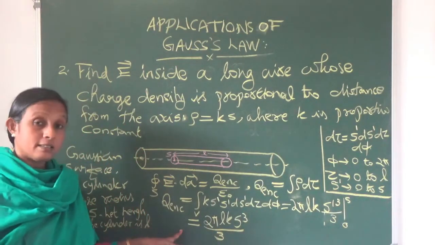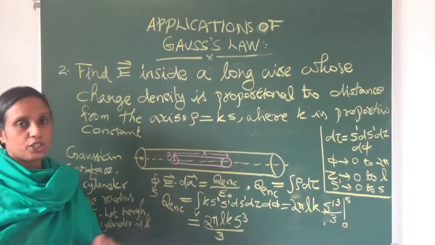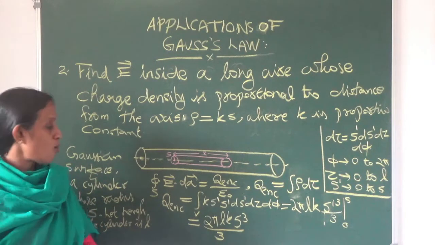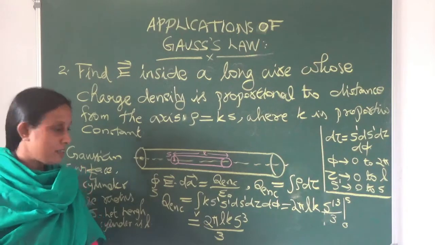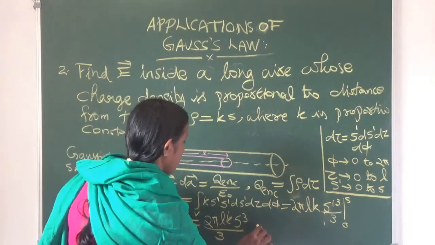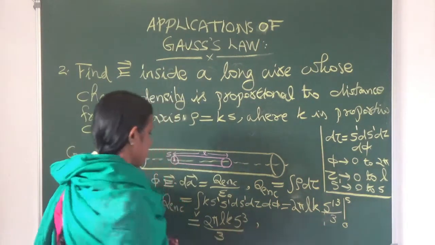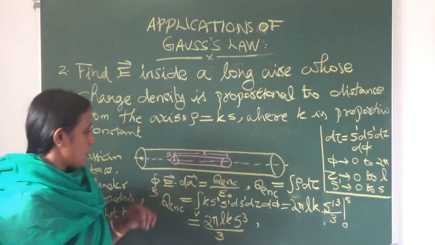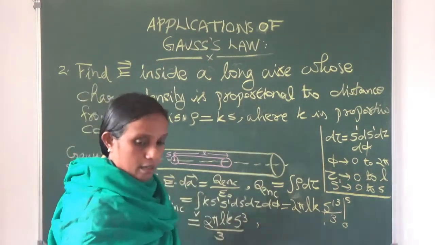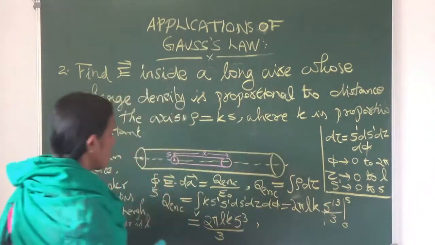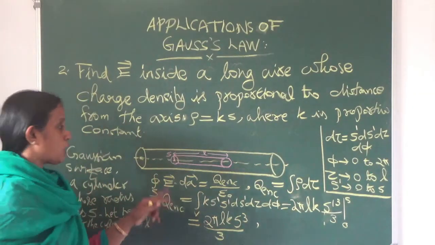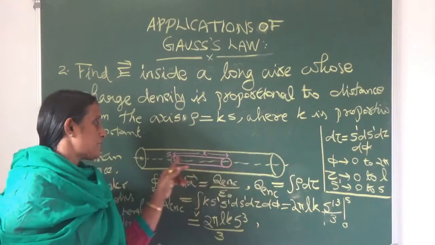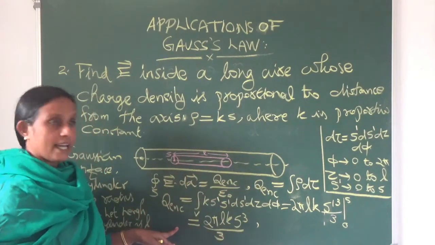What is this? This is the charge enclosed. Now, how do you get this electric field? I think you get what is meant by this: the charge enclosed by this Gaussian cylinder is given by this expression.